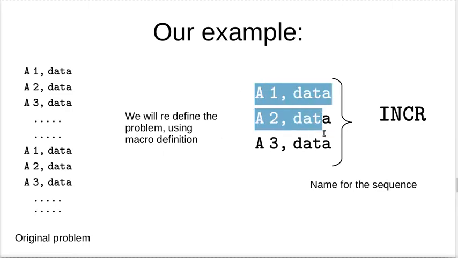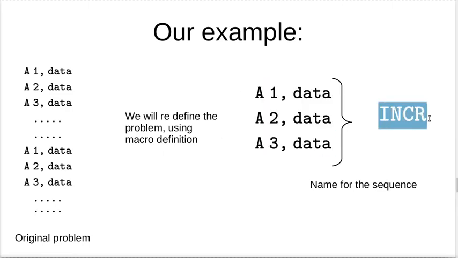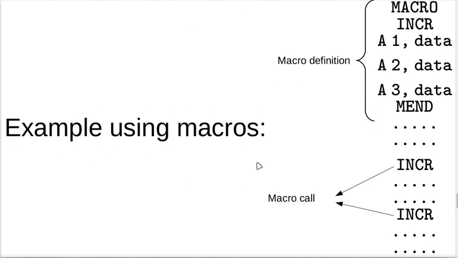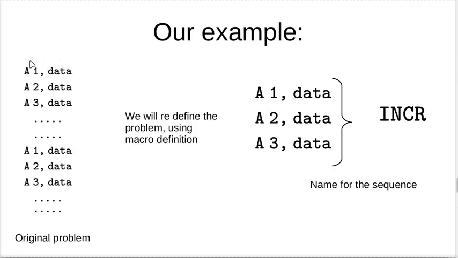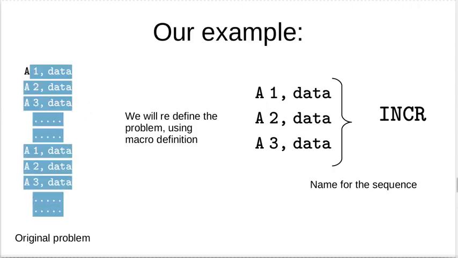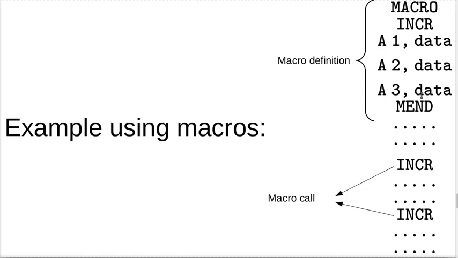So these three steps will be named INCR. This is the main concept, right? So the example using macros shows us what would happen if we had actually written this original problem statement using macro definition. The first part of the problem consists of the macro definition itself.